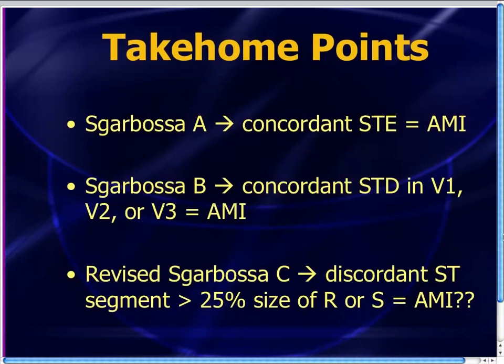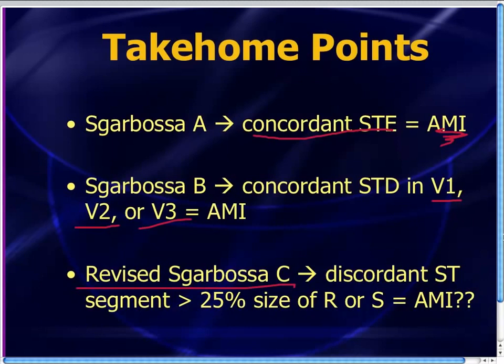All right, so quick take-home points. Remember Sgarbossa A: if somebody has concordant ST segment elevation, that is an MI. Sgarbossa B: if somebody has concordant ST depression in V1, V2, or V3, that's an MI. And then the revised Sgarbossa C, hopefully there are going to be some validation studies.